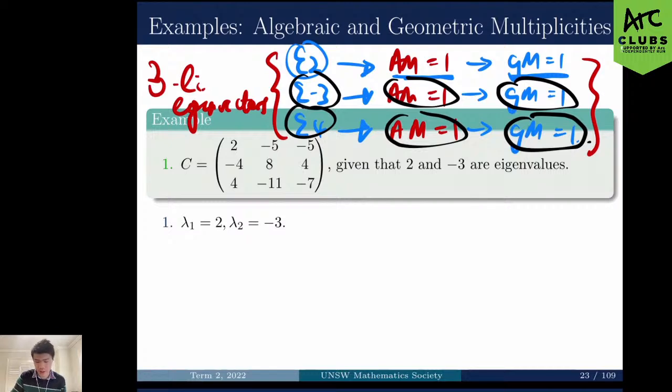So lambda 3 is equal to 4. And that means, again, we've got 3 different eigenvalues, which means we've got 3 linearly independent eigenvectors. So by the same rationale as before, AM and GM equal 1 no matter what, which is very cool.